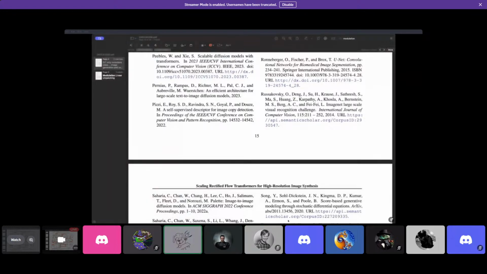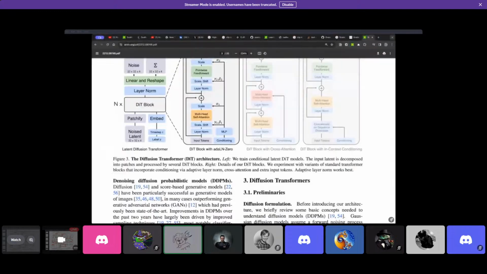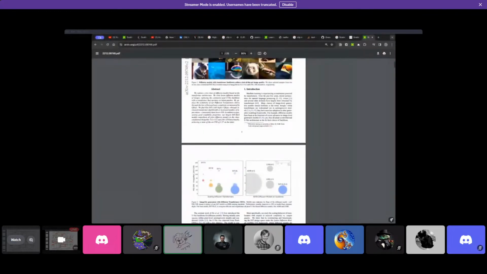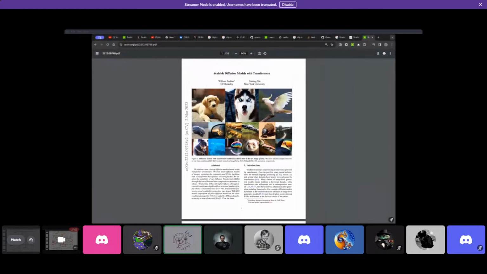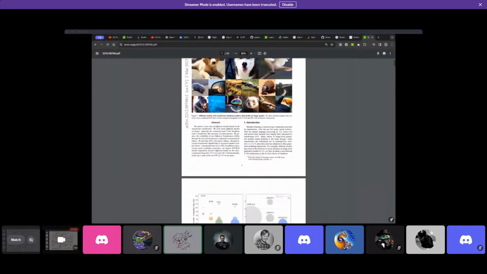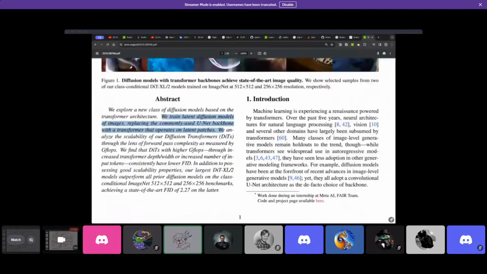So I have the paper here, this DiT paper they reference. That's a latent diffusion model of images replacing the commonly used UNet backbone with a transformer that operates on latent patches.